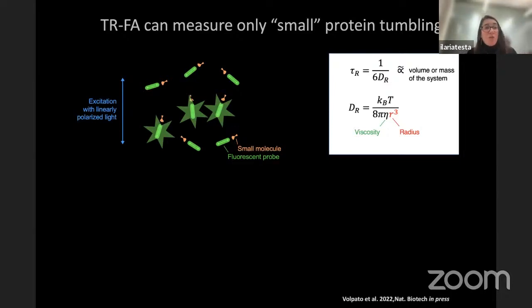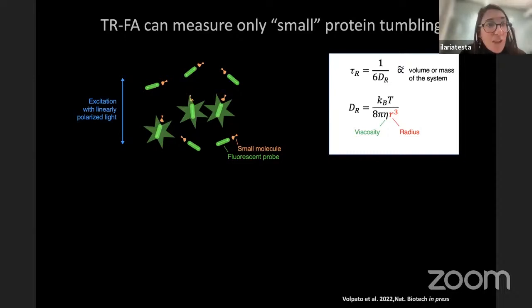Typically, you have a fluorescent molecule in solution, you excite it with polarized light, and the ones that are aligned with the polarization of the light have a higher possibility of getting excited. Then you analyze their emission with a polarizer in detection, and you see how the photons change over time.